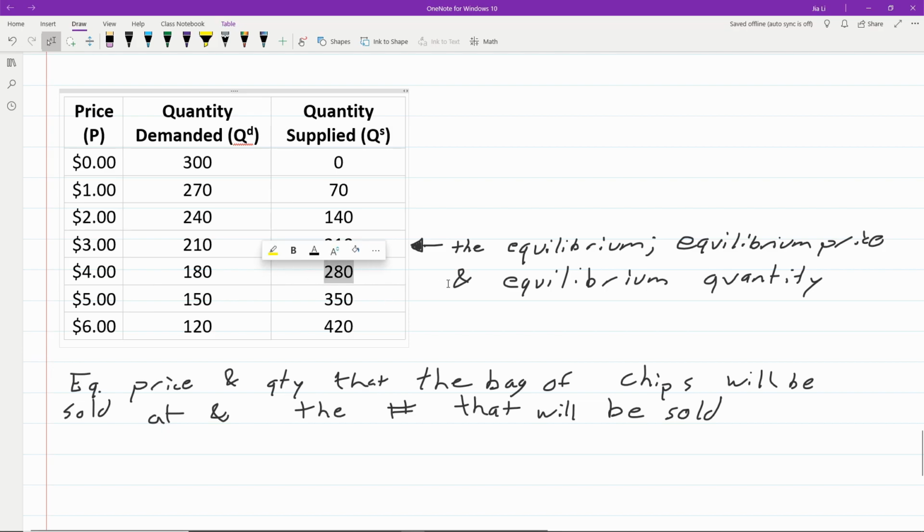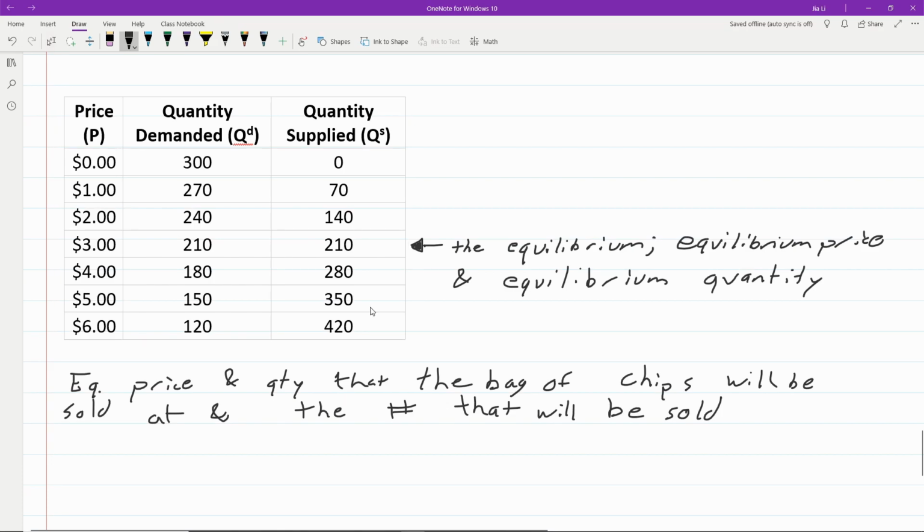So we can think of this as, say, the store gets 280 bags from its supplier, expecting and wanting to sell all 280 at the price of $4 per bag. But that doesn't really work out, right? Because if only 180 customers want to buy a bag of chips, then they only manage to buy 180, so they have an extra 100 bags of chips left over.